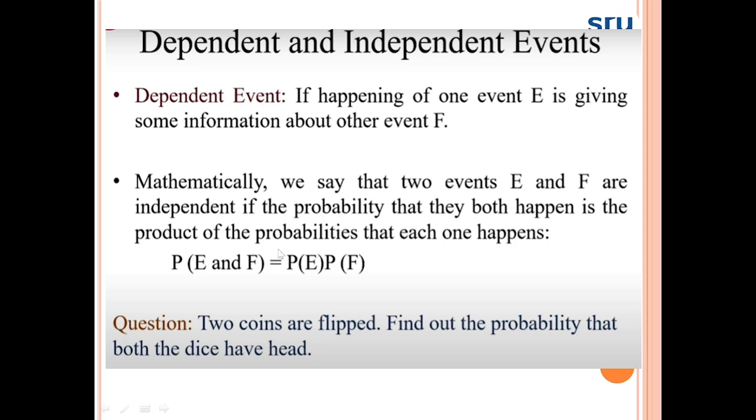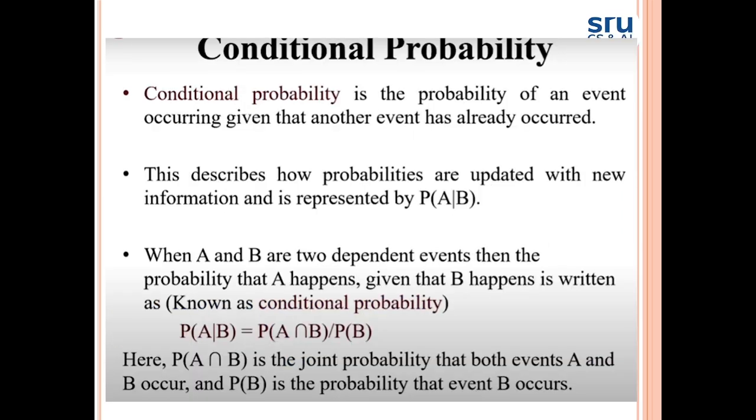Here it is given by this equation. We try to understand this with the help of a question. Two coins are flipped. Find the probability that both coins have heads.